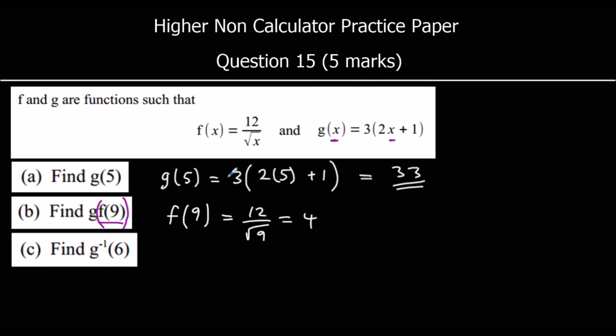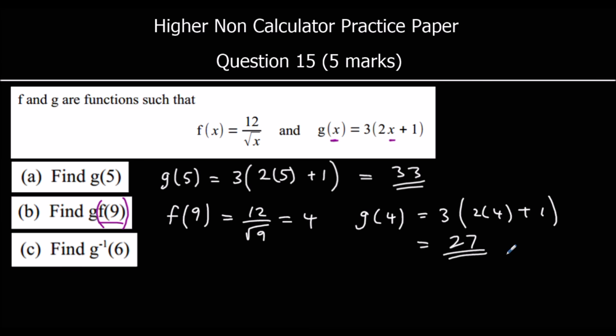Then we're going to put 4 into the g. So g of 4 is 3 times 2 4's plus 1. 2 4's are 8, plus 1 is 9. 3 9's, 27.